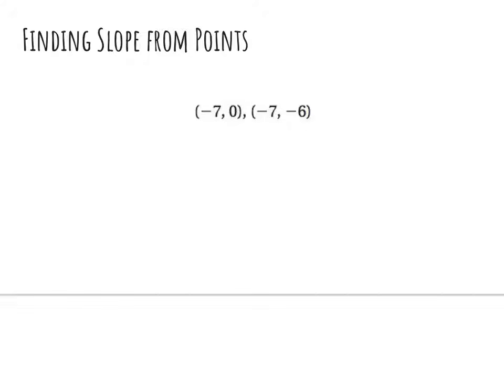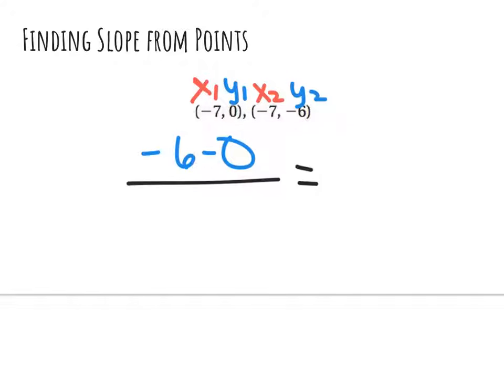All right, last set of points here. x1, y1, x2, y2. All right, we're going to get started. Negative 6 minus 0 over negative 7 minus a negative 7.